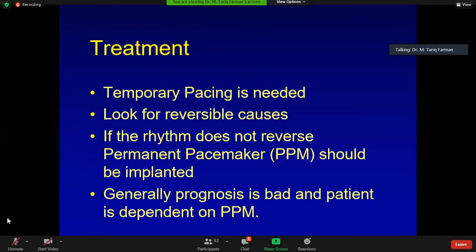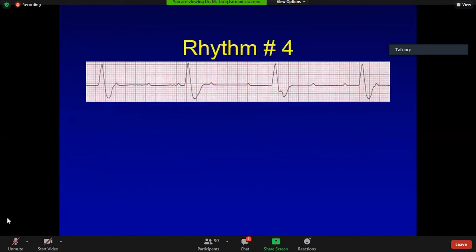If the rhythm does not reverse, a permanent pacemaker should be implanted. Initially a temporary pacemaker to support the heart, and then if the rhythm is not going to normal and the cause is irreversible, then the patient may need a permanent pacemaker and it should be implanted. Generally, prognosis is bad and the patient is dependent on a permanent pacemaker.